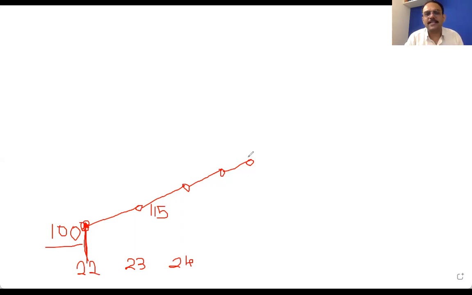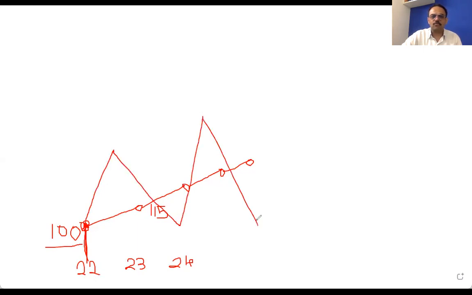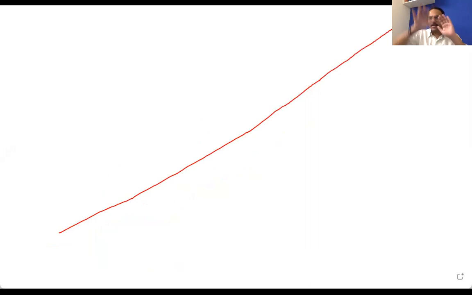But does it happen like that? No, right? It does not happen like that. What will happen is the price will go up, come down, go up, come down. So the trajectory is like this. See, now we have to understand this thing. Let's say a company is growing by 15%. Ideally, this is the trajectory of its price going up.